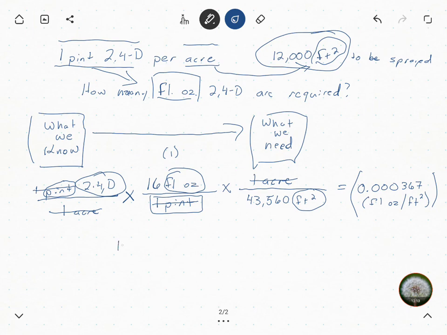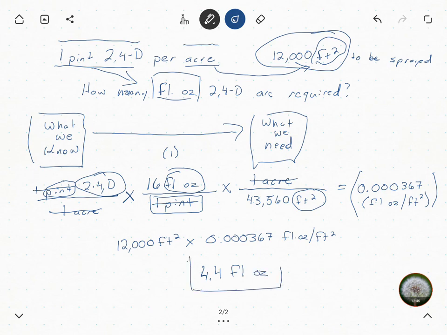So if we actually write down 12,000 feet squared times 0.000367 fluid ounces per single square feet, then our answer is 4.4 fluid ounces. So this is the amount we need to spray 12,000 square feet at the rate of 1 pint per acre.